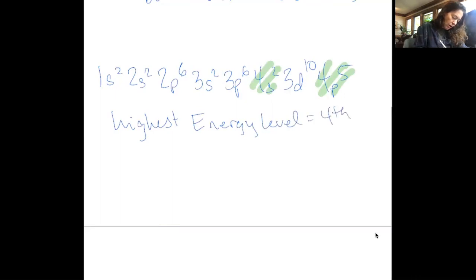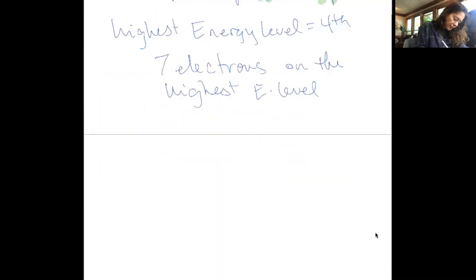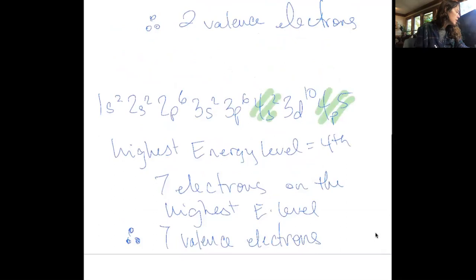And there are 7 electrons on the highest energy level, right? Therefore, this element has 7 valence electrons, okay? This element here, I didn't tell you, would be bromine, all right?